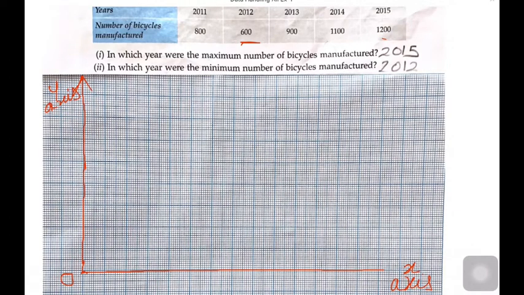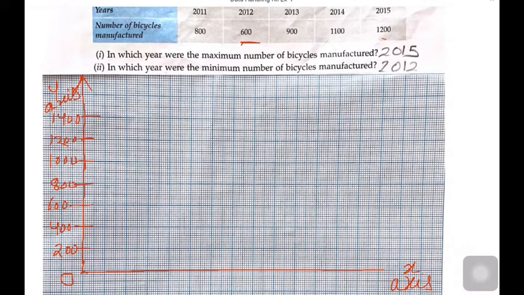Fine. So I am taking 1 centimeter is equal to 200. So it is 200, then 400, then 600, 800. At a 1 centimeter gap I am doing the marking. Then it will be 1000, and after 1000 I have 1200 and 1400. Fine.